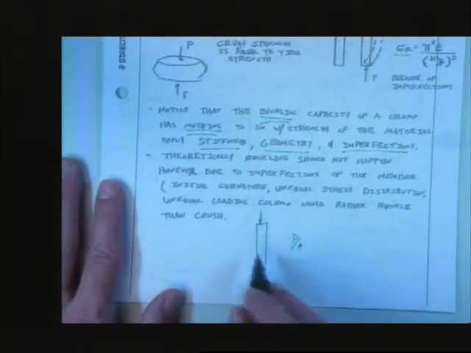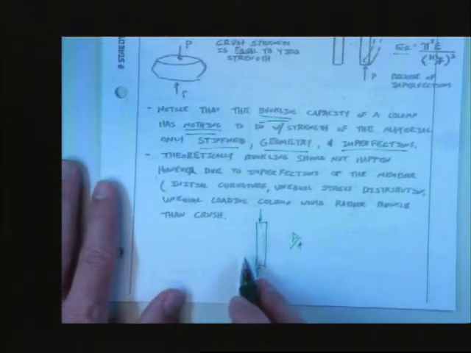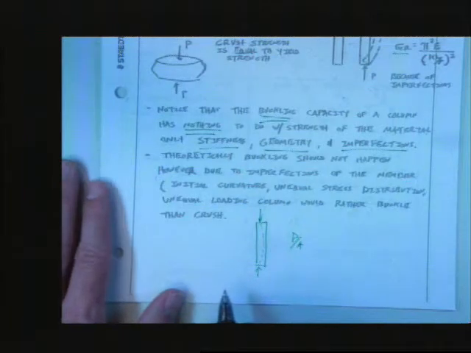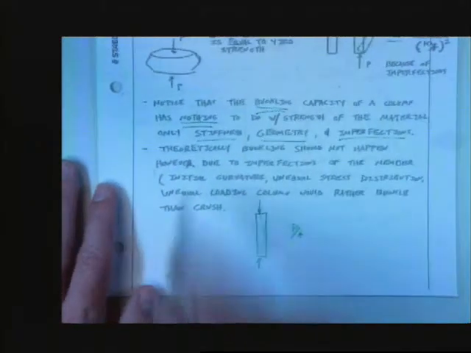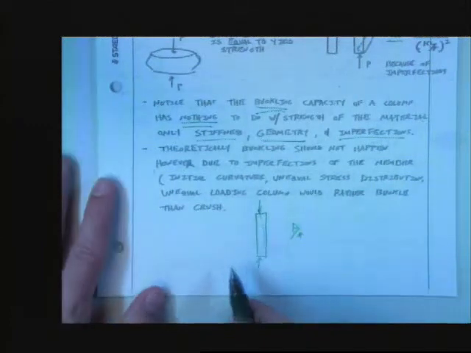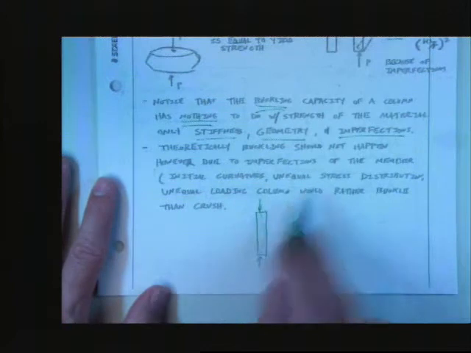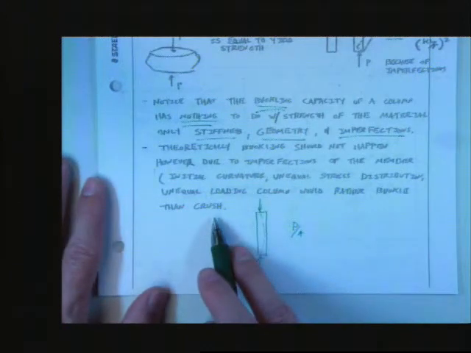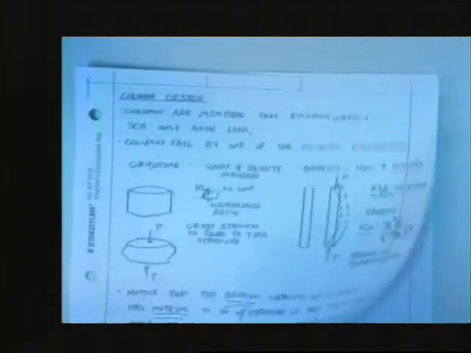Starts to be a little bit of moment that develops. A little internal bending that happens. When that starts to happen, the member would not like to stay straight anymore. It would like to deflect to the sides. Awesome. Theoretically, buckling should not happen. However, due to imperfections of the member, initial curvature, unequal stress distribution, unequal loading of the column, it would rather buckle than crush. Flip this over on the back page.